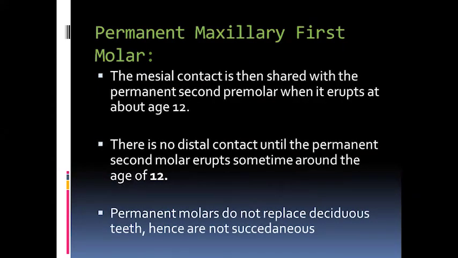The mesial contact is then shared with the permanent second premolar when it erupts at about age 12. There is no distal contact until the permanent second molar erupts sometime around the age of 12. Permanent molars do not replace deciduous teeth, hence are not succedaneous.